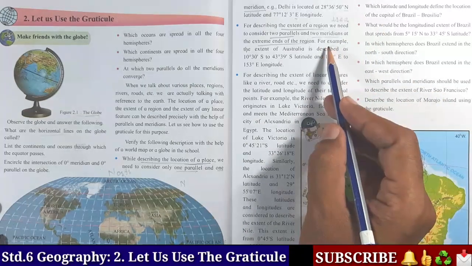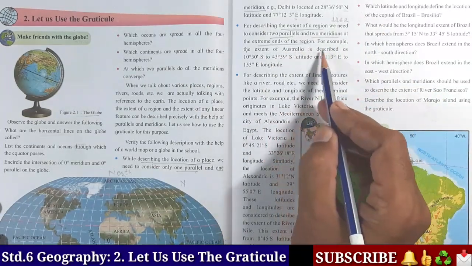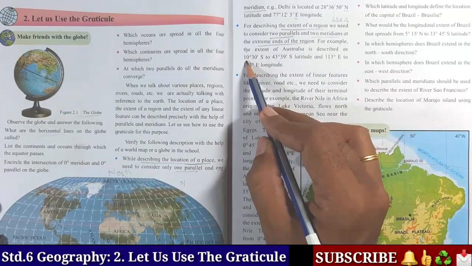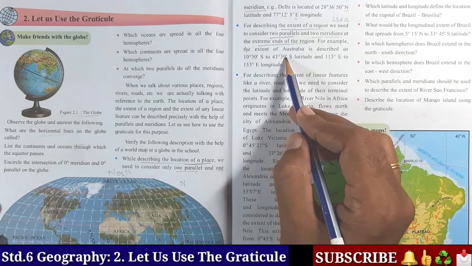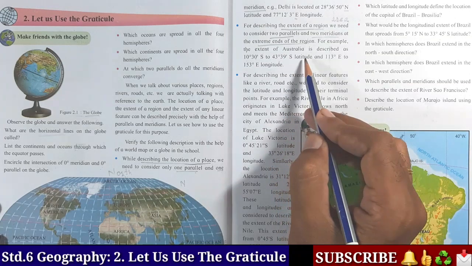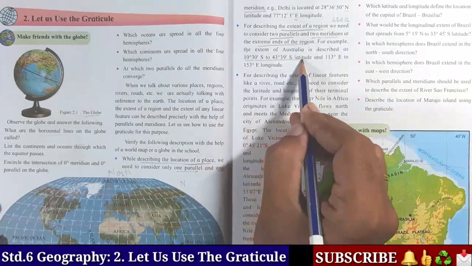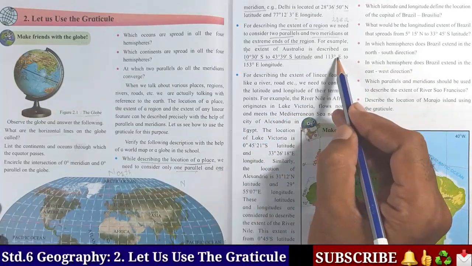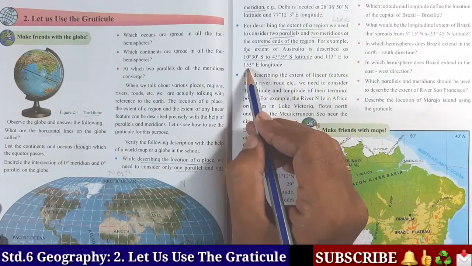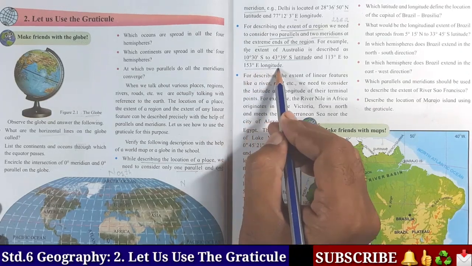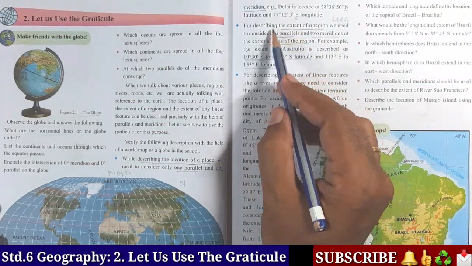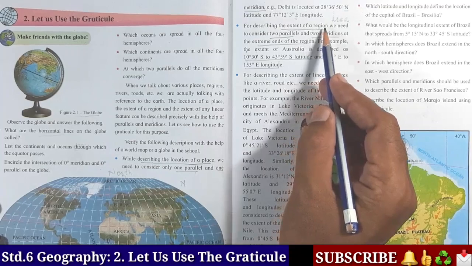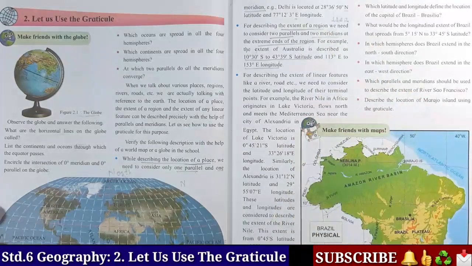For example, the extent of Australia is described as 10 degree 30 minutes south to 43 degree 39 minutes south latitude. So here two parallels are considered, and 113 degree east to 153 degree east longitude, so here two longitudes or meridians are considered to describe the extension, meaning the area, of the region.